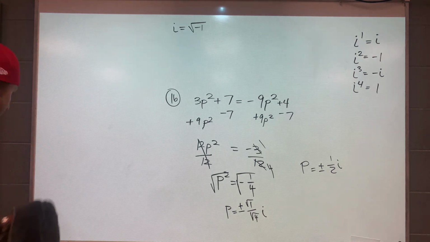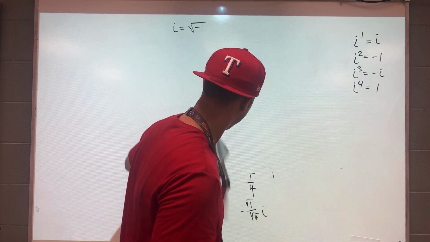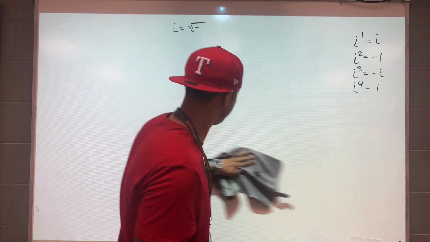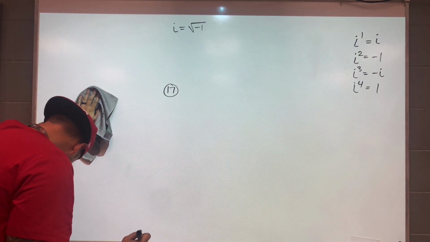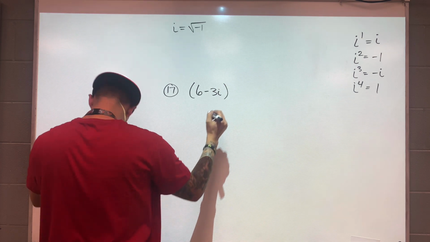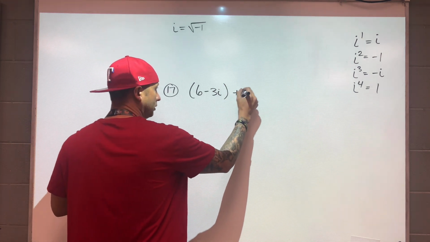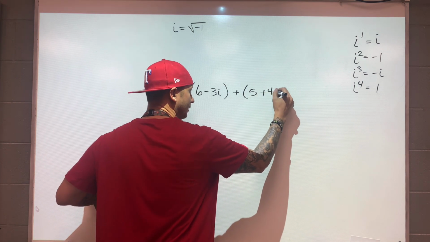Okay, number 17. Looks like the problems are changing. 17. 6 minus 3i plus 5 plus 4i.